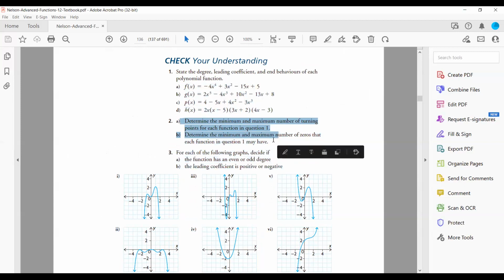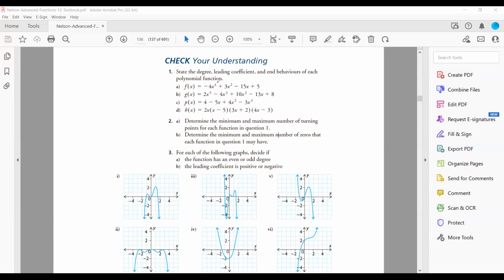So here they say determine the minimum and maximum number of turning points for each function in question 1. And let's remember, how do we determine the minimum and maximum number of turning points? First things first, we have to look at the degree of a function.